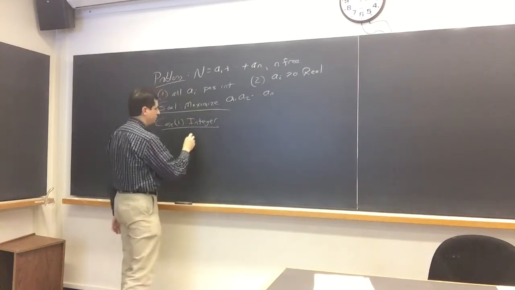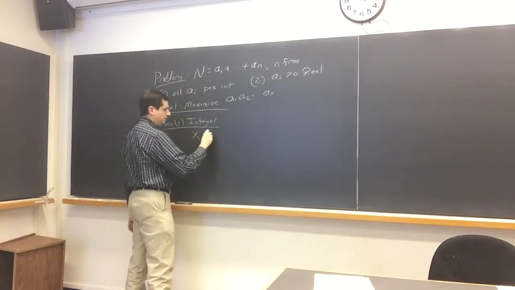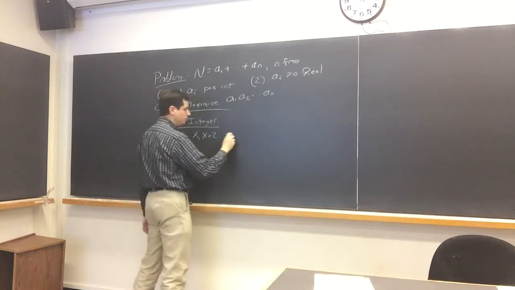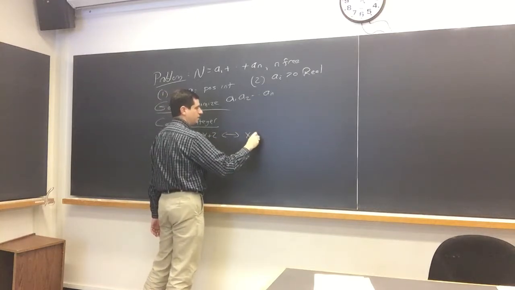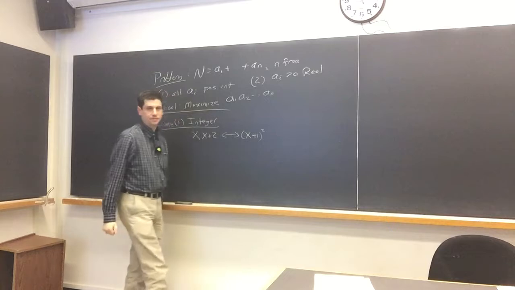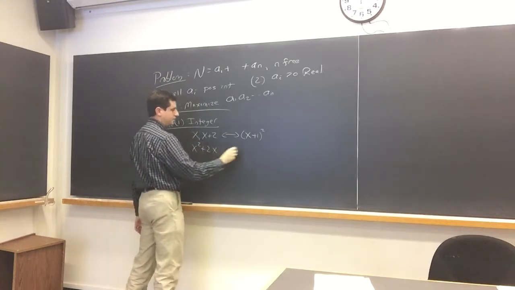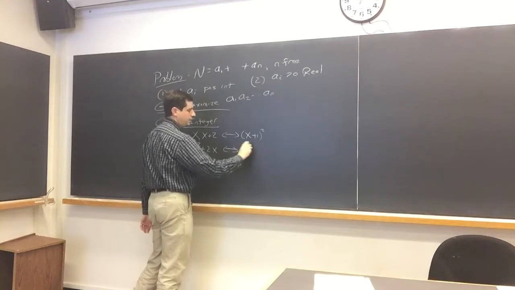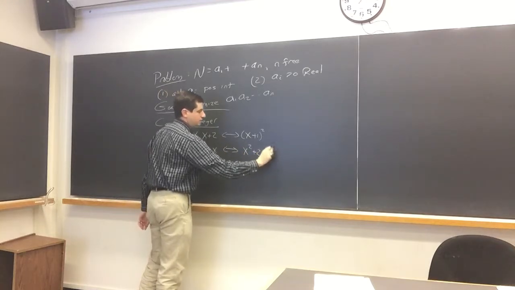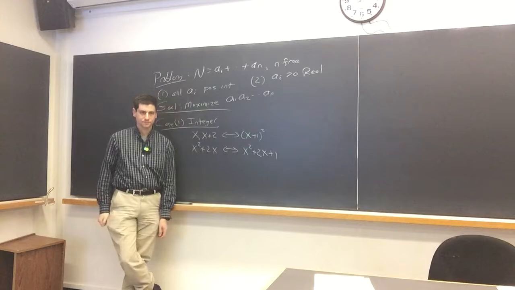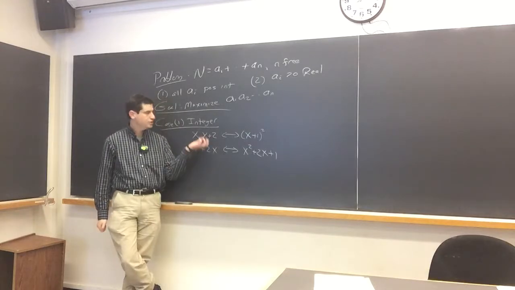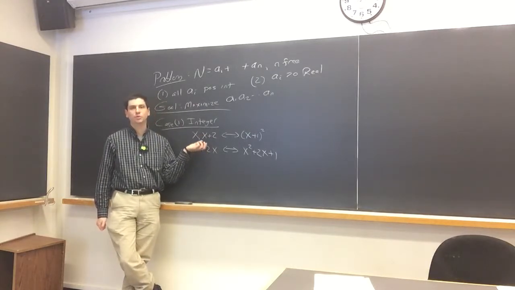Okay, so what you're claiming is that if you have two numbers x and x plus 2, you can compare that to x plus 1 squared. Yeah, and there's always going to be an improvement. And this would be x squared plus 2x, and this will be x squared plus 2x plus 1. Yeah. So this tells you that you can never have numbers that are 2 or more apart.